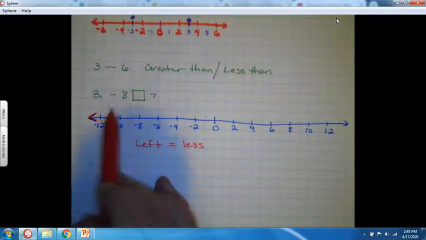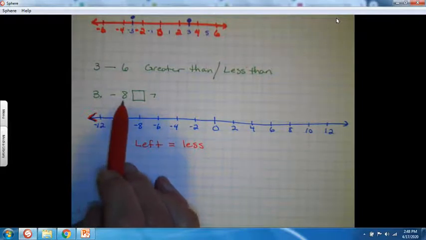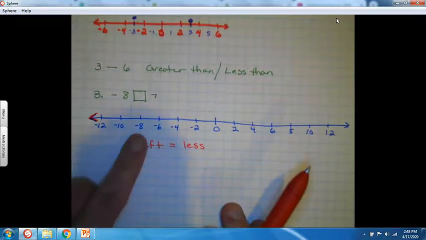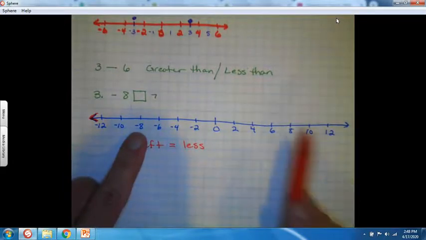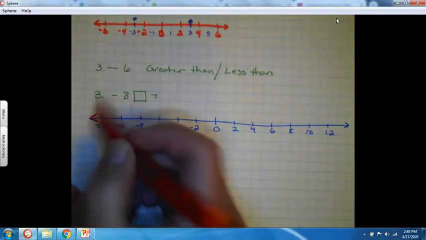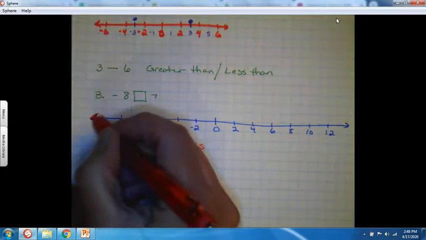So if number 3 says -8 compared to +7, here's -8 and here's +7. Which one's further to the left? -8, right? So the left is less, so this one's left. If you use colors on here, that will help you.